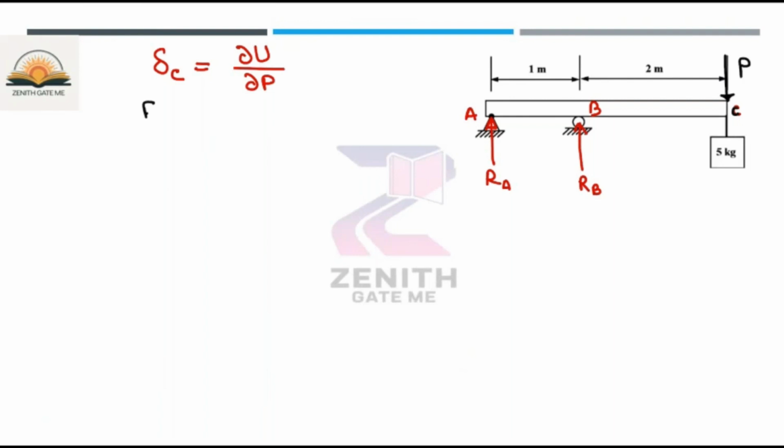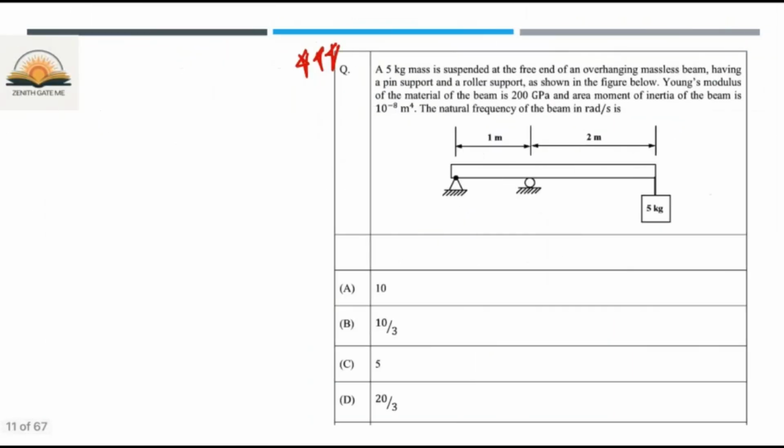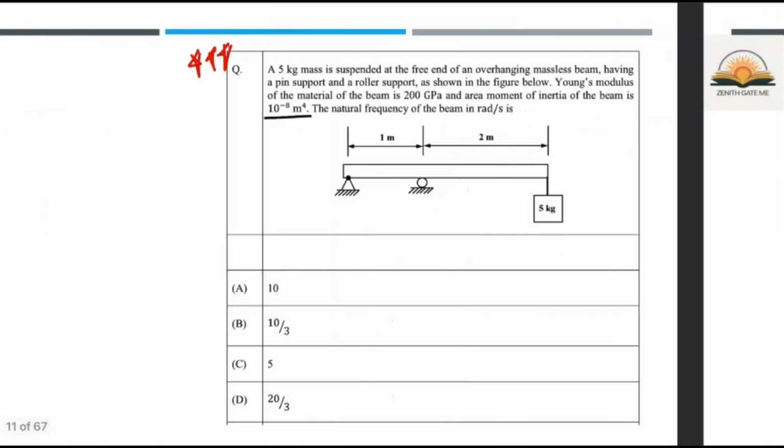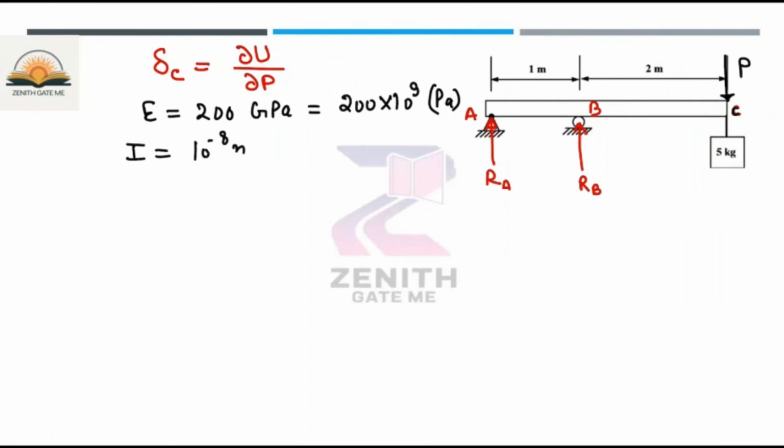Now, what is the data given? The Young's modulus is 200 gigapascal, which is 200 into 10 to the power of 9 Pascal. The moment of inertia is 10 to the power of minus 8 meter to the power of 4. Can you calculate this EI value, which is the flexural rigidity?